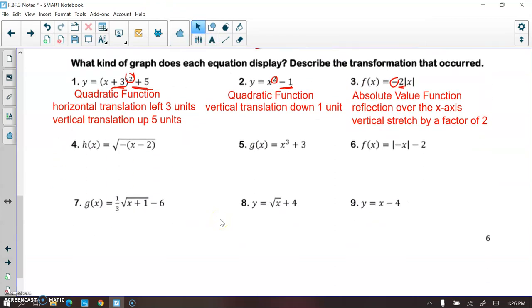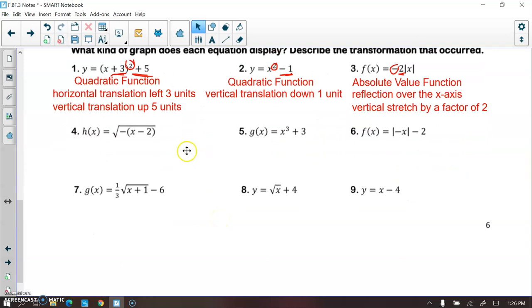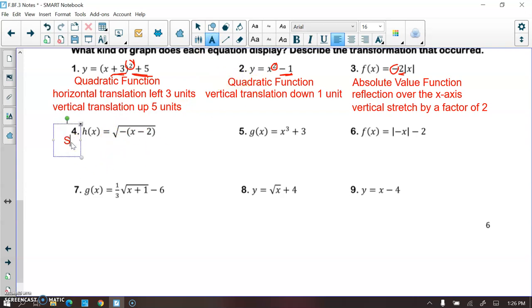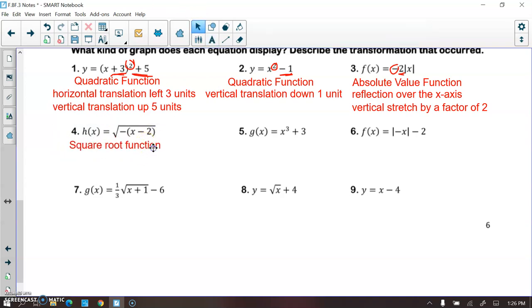All right, moving down to number 4. With number 4, we see the square root symbol. This is a square root function. Now there are multiple transformations here as well. When we see the negative inside of our function, remember that is a reflection over the y-axis.